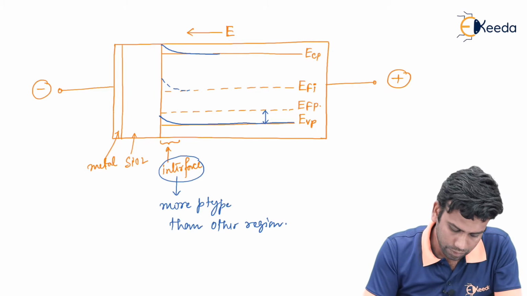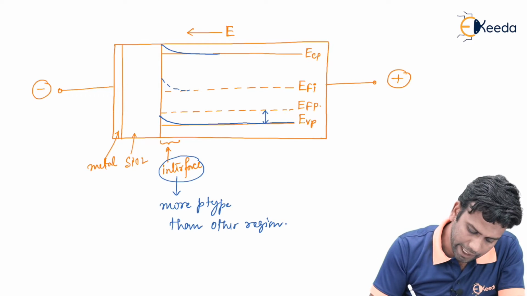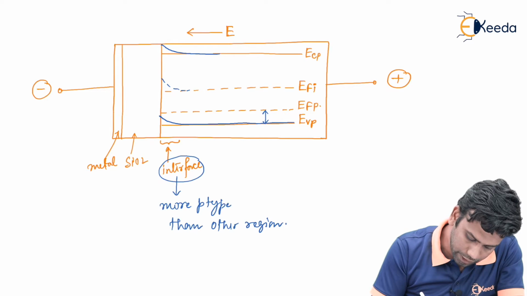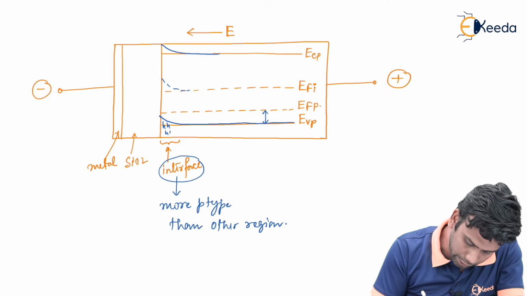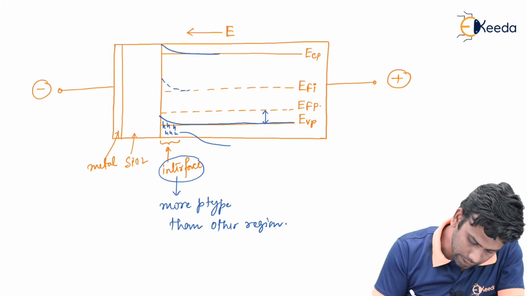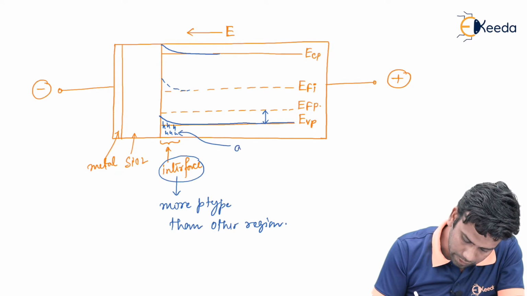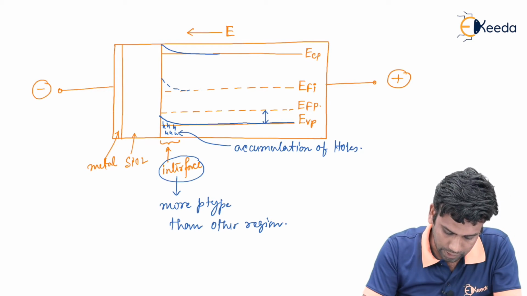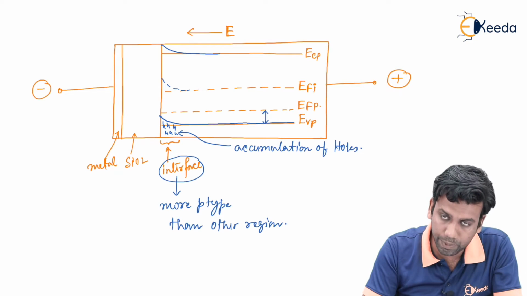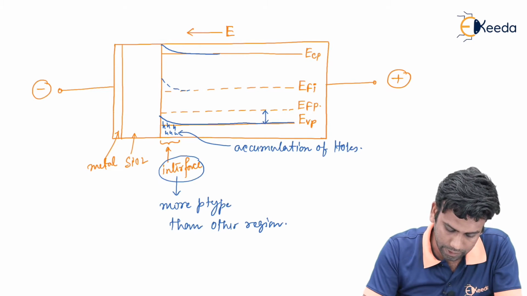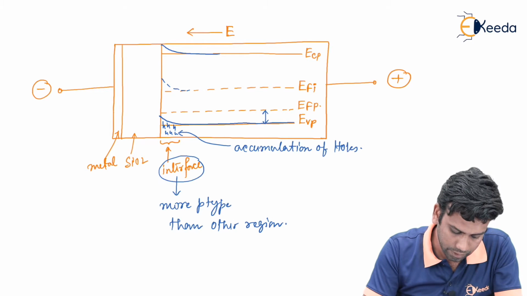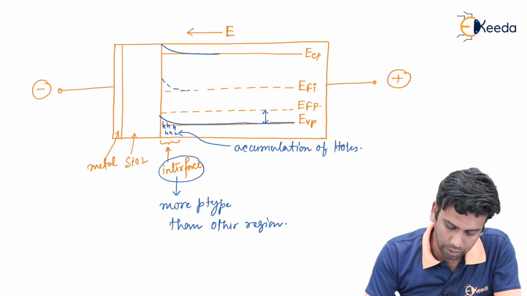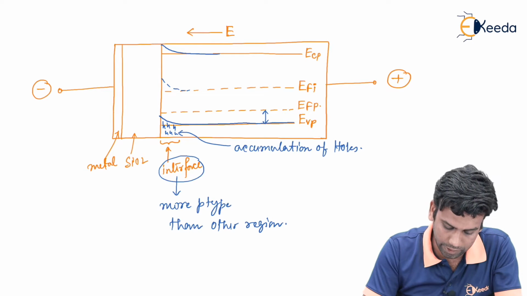Now we can say this band bending has been created due to the accumulation of many holes in this interface region. So I can write it as accumulation of holes at the interface. So accumulation of holes in a p type substrate MOS capacitor happens due to the application of this type of external voltage.